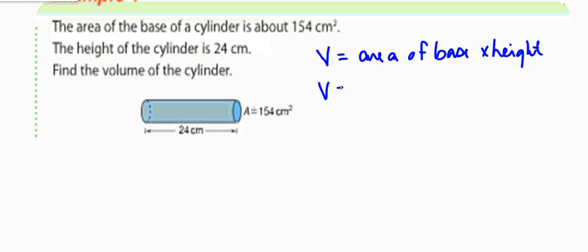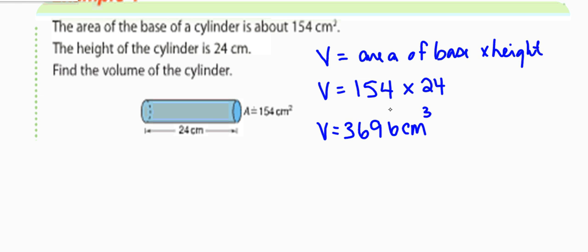So the area of my base is 154, and my height of my cylinder is 24 in this case. So when I do this multiplication, 154 times 24 is equal to 3,696 centimeters cubed.